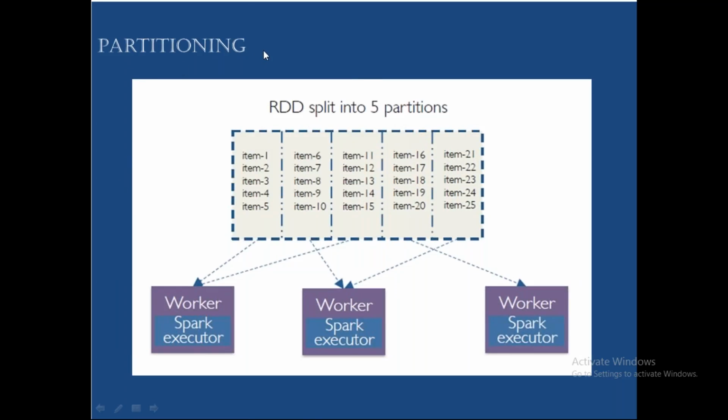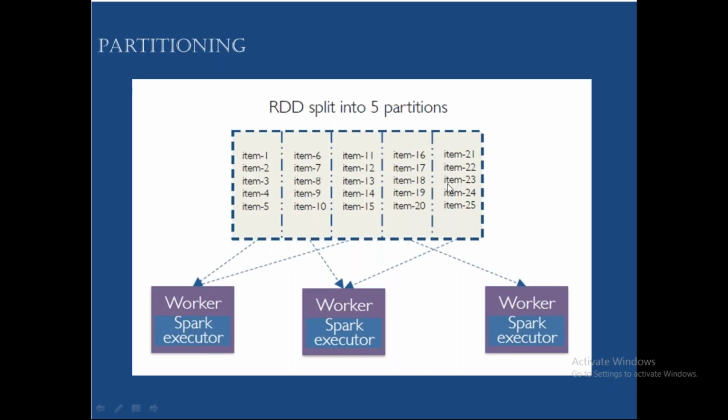You see partitioning, how data will be partitioned. We just discussed the Spark features, but I'm describing each one in detail. Partitioning: you have 25 items. This particular worker can take 2 tasks. This computer can take two tasks. This computer can take 1 task. So you divided this entire data into 5 parts.